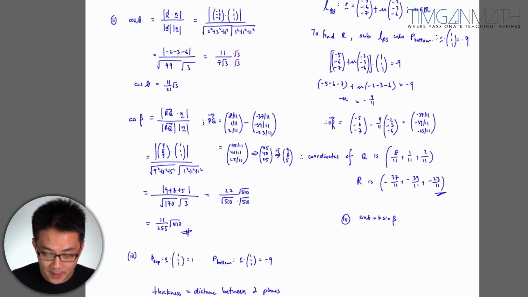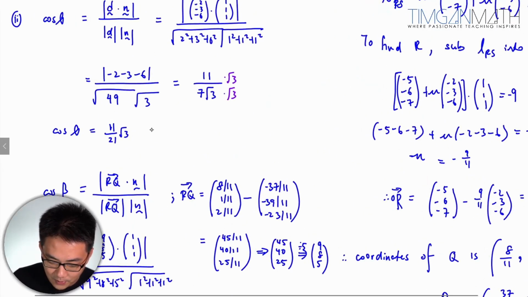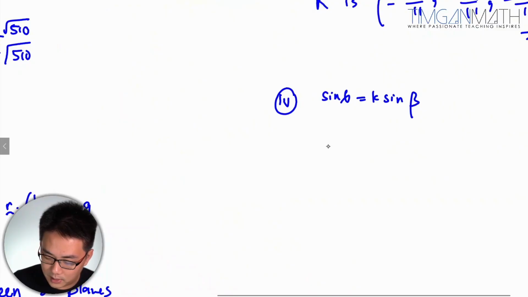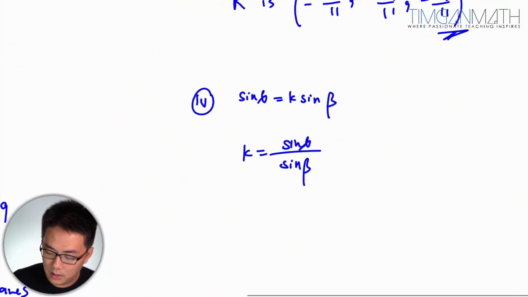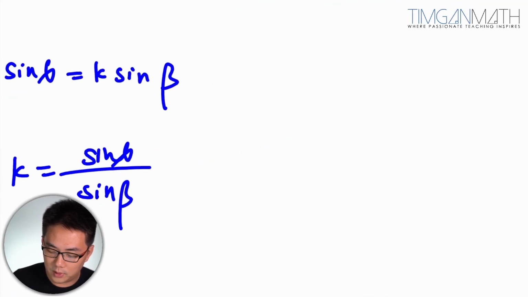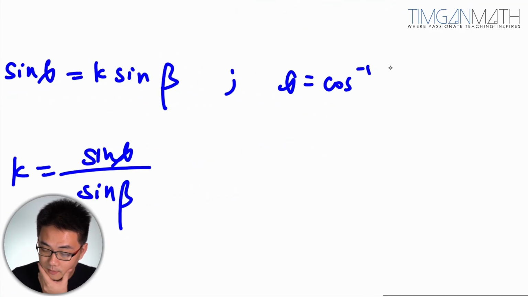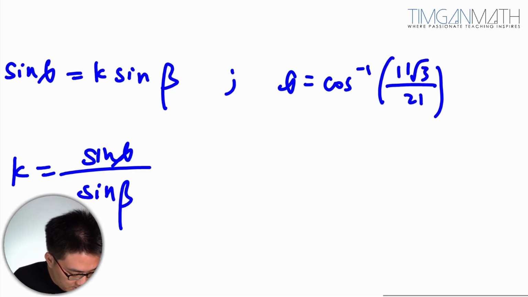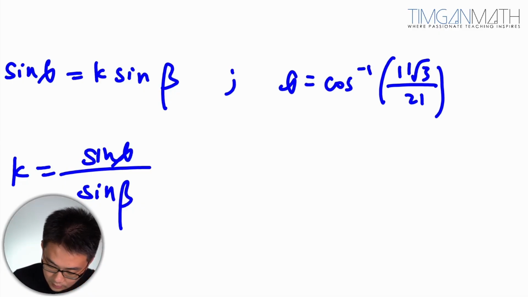From part 2, k equals sine theta over sine beta, where theta is cosine inverse of 11 root 3 over 21. Just key into the calculator.